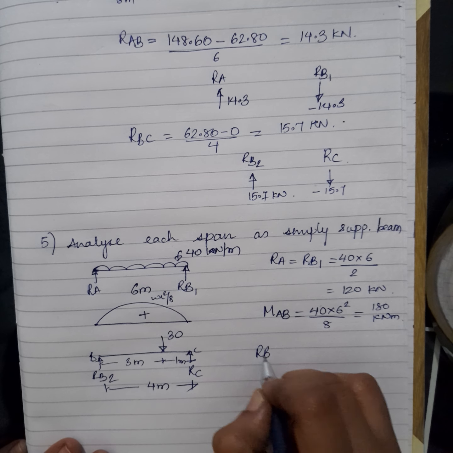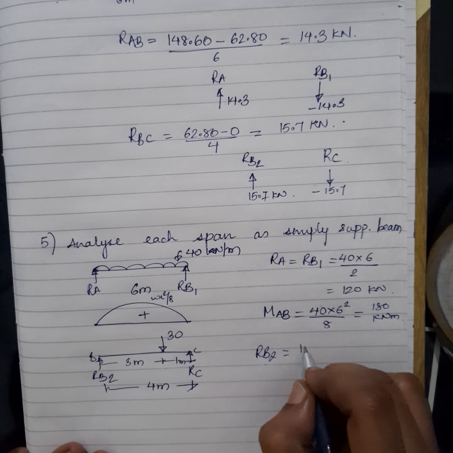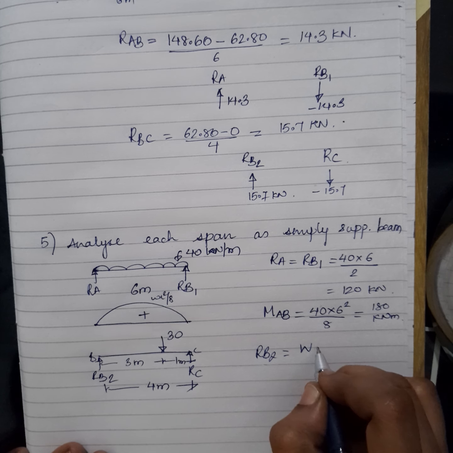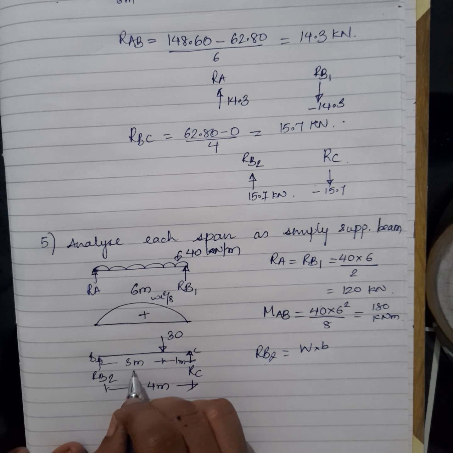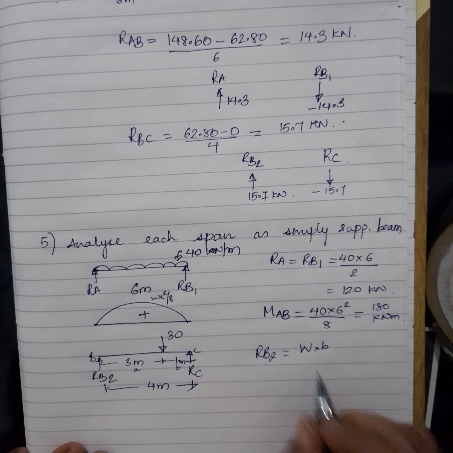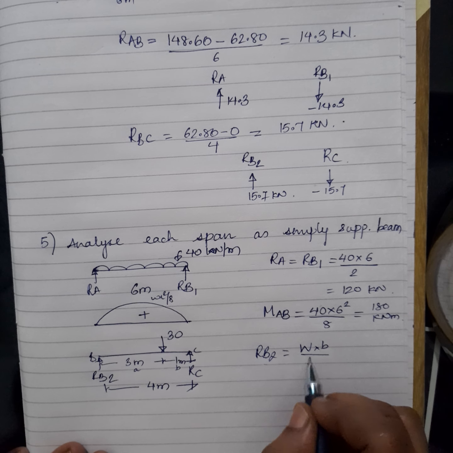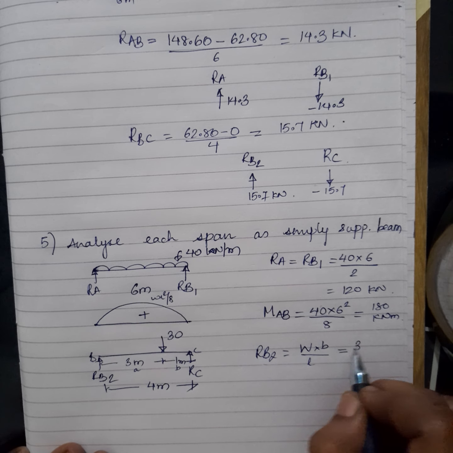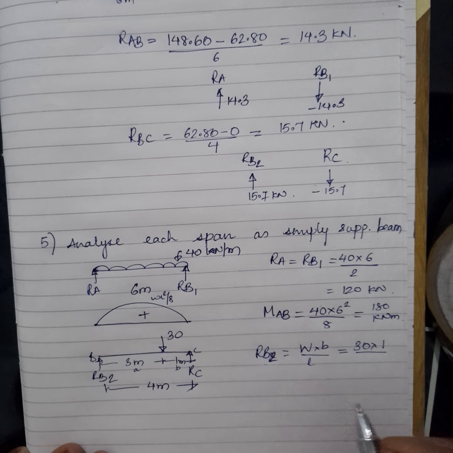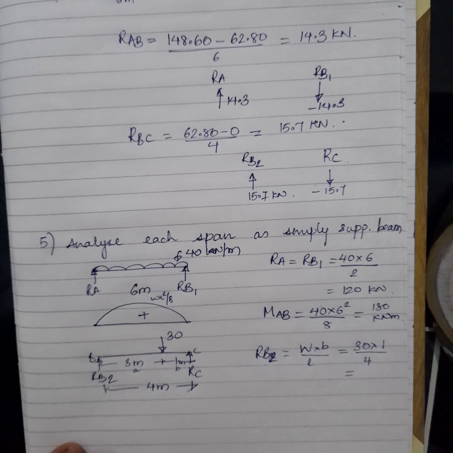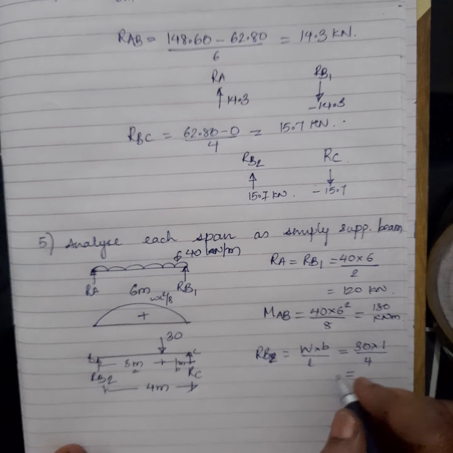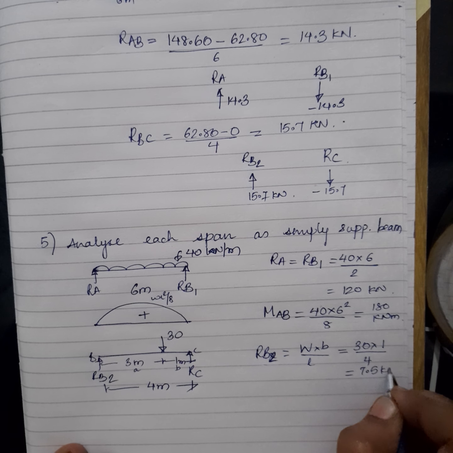So RB2 is equal to W into B divided by L. So it's going to be 30 into 1 divided by 4. So 30 divided by 4 is 7.5 kilonewton.